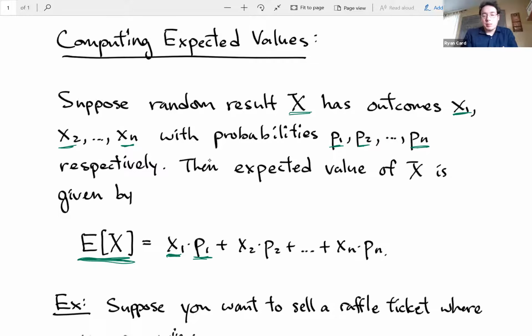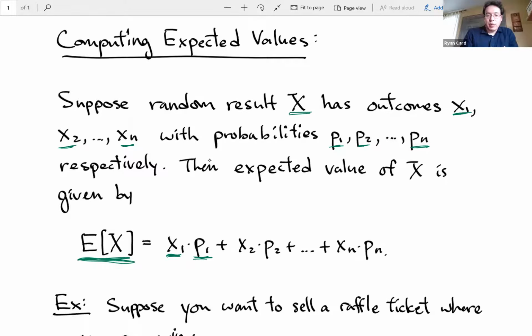So X1 times P1 plus X2 times P2, all the way up until Xn times Pn. All of the possible results with their probabilities. And if you add it up, you get the long run average of what kind of result you expect out of this.